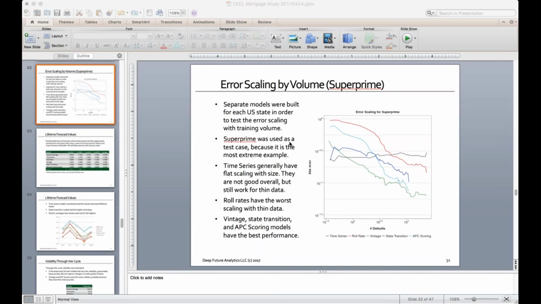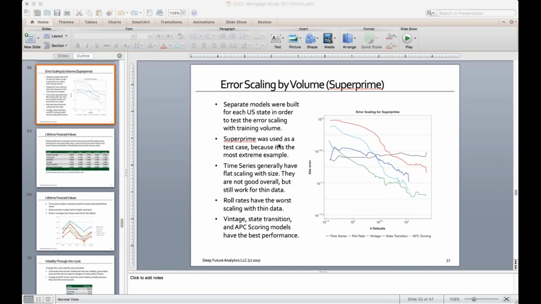That's the time series model, and its accuracy is not good for the big states, but it's actually pretty good for the small states, and that's because when you have a sophisticated model with a lot of parameters and you get to a state with a small number of defaults, it's going to be difficult to estimate.